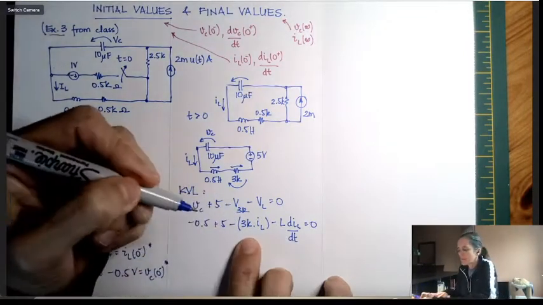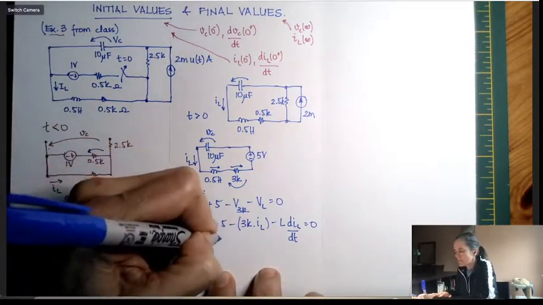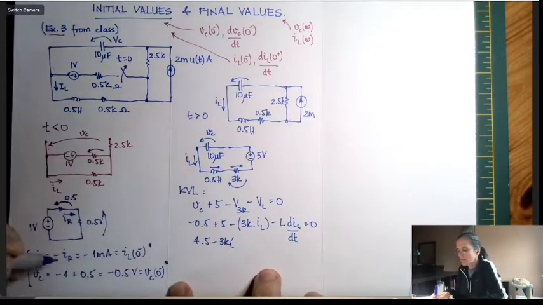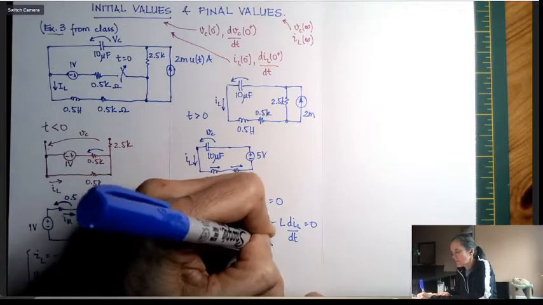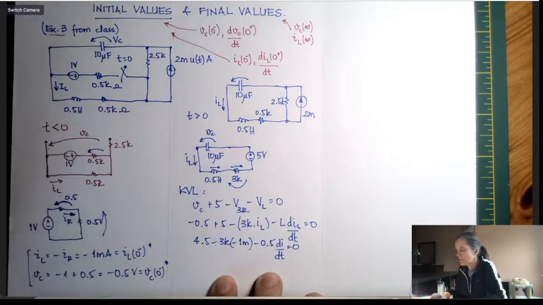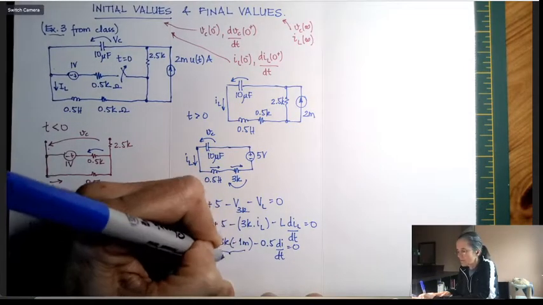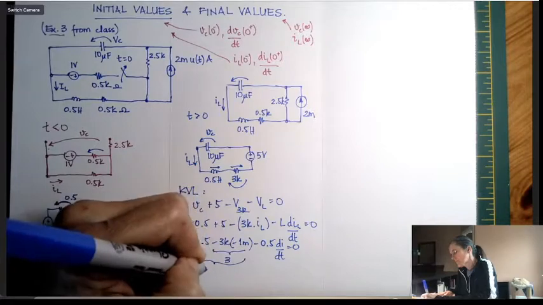So now 4.5 minus 3K times minus 1 milli, minus 0.5 di/dt equals 0. So now this here is 3 volts. So now this is 7.5.